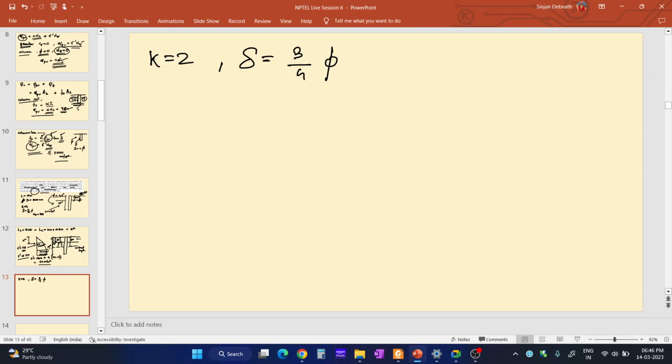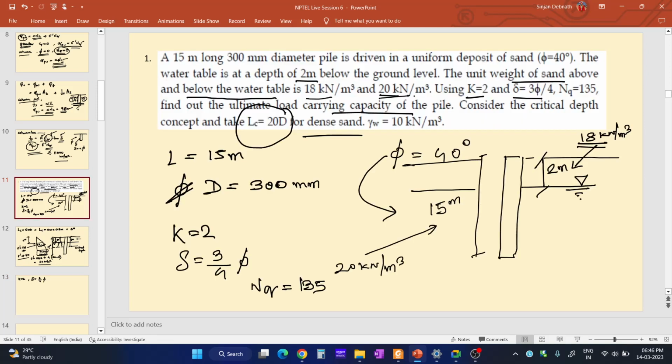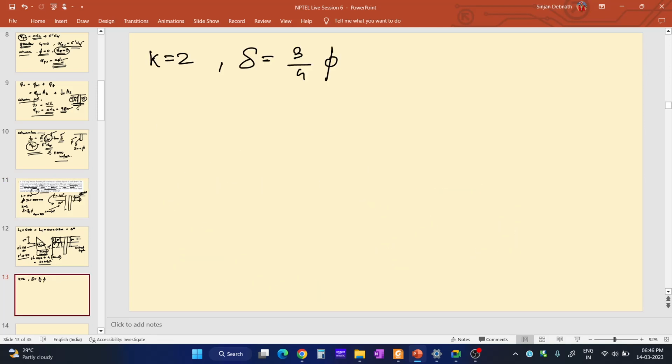Frictional angle is 40 degrees, so delta is equal to 3/4 into 40 degrees, that is 30 degrees. So delta is 30 degrees.